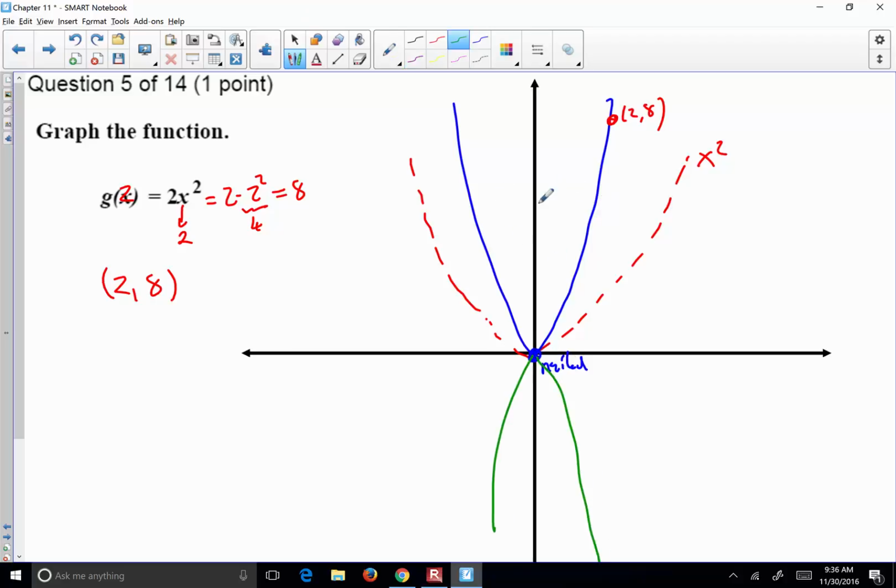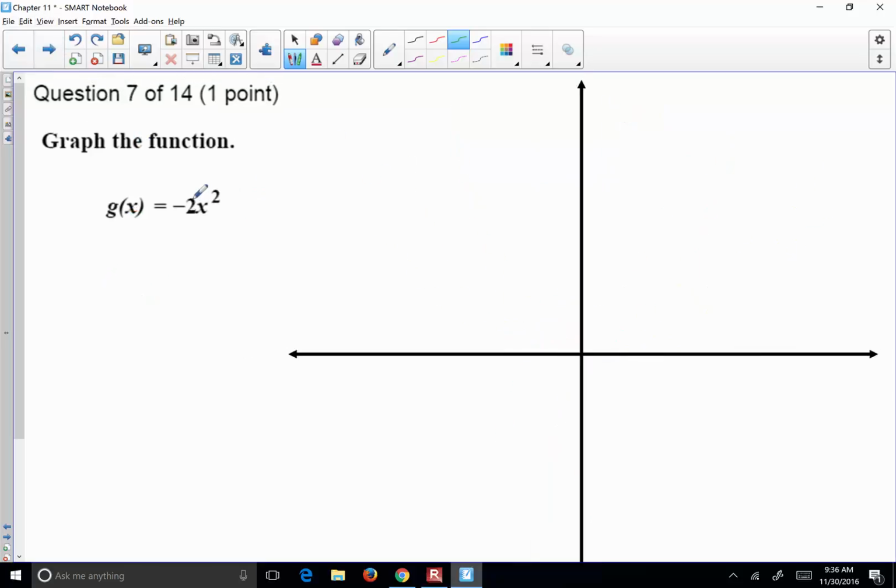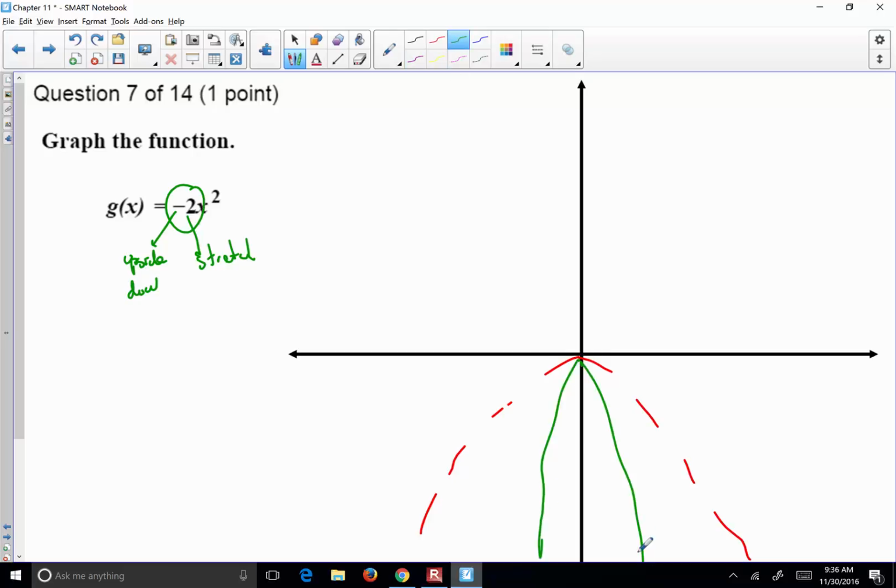Same width, same size, but upside down because of what? Negative. Negative is upside down. 2 means stretch. So I first flip the original upside down, then I stretch it. That's it.